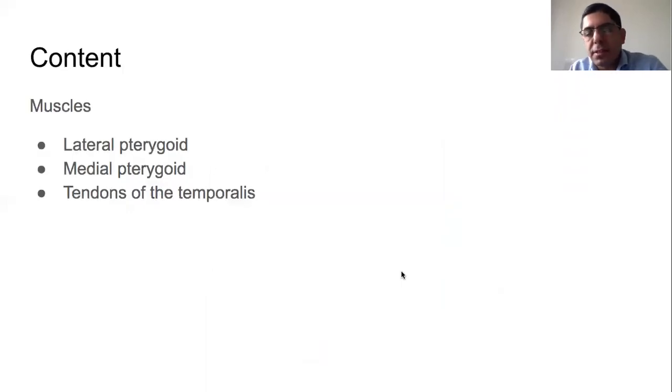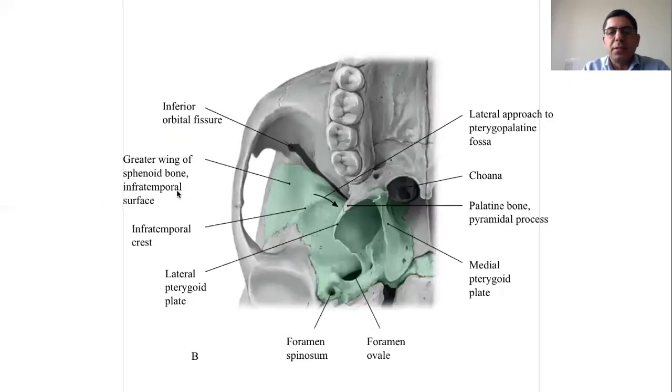So what's in this fossa? Very simple. It's the two pterygoid muscles, lateral pterygoid and medial pterygoid, and the tendons of the temporalis muscle. Remember, we've got the pterygoid muscle on the medial surface and the lateral surface.